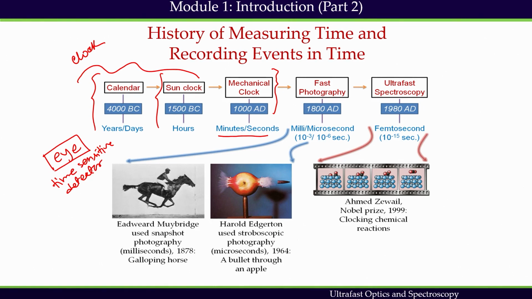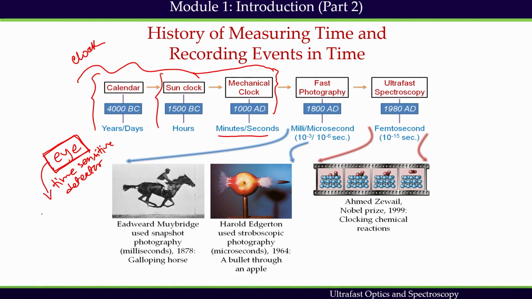Before 1800 AD, however, our ability to record the timing of individual events in progress was essentially limited by the response time of human vision, blinking of an eye, approximately 100 milliseconds. As I told you, all these clocks we have used as a time measuring device, but the time sensitive detector is the eye, and we can use this time sensitive detector as long as the event is slower than the response time of the eye.